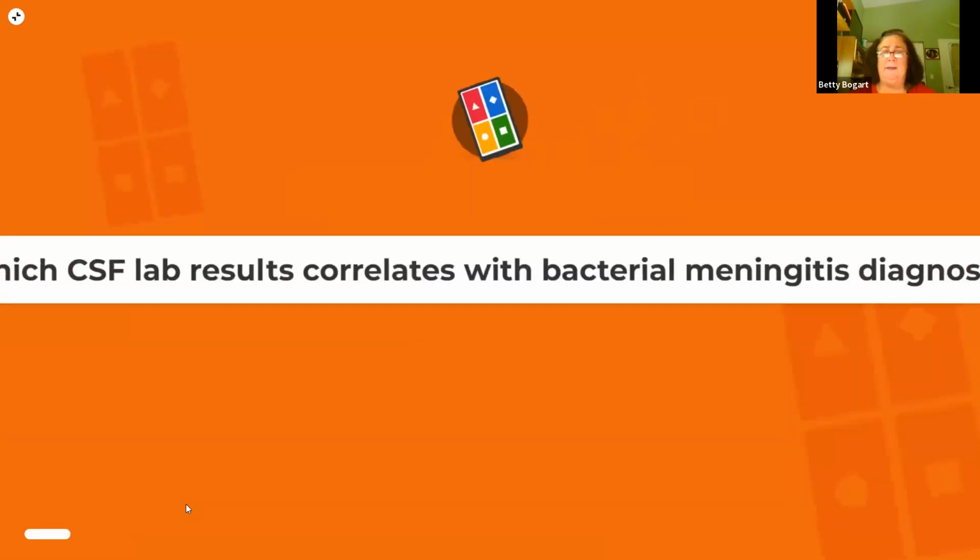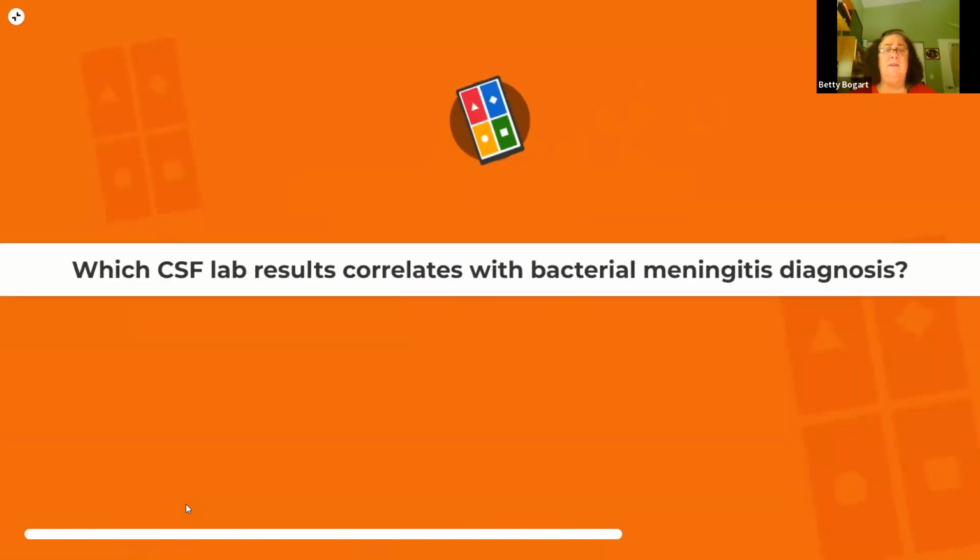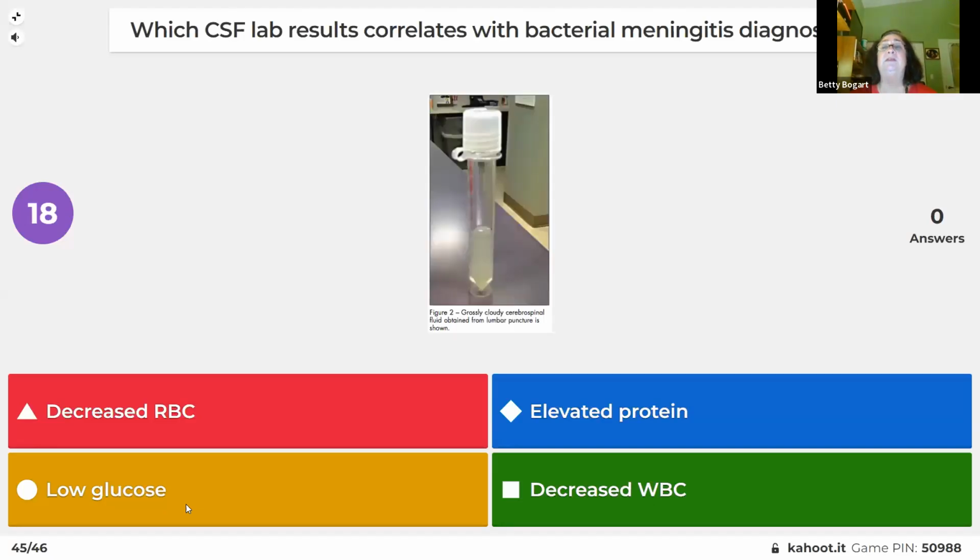A multi-select. Which CSF lab value correlates with bacterial meningitis diagnosis? So that picture of that cerebrospinal fluid is cloudy, sometimes even milky. When you see that, you're in trouble. It should be crystal clear. You shouldn't be able to see anything.